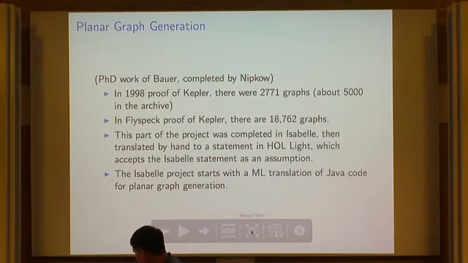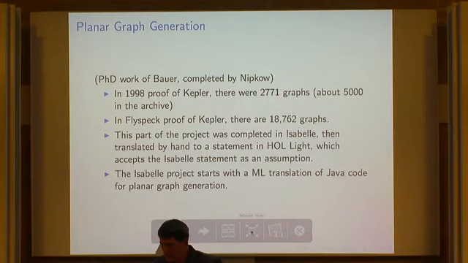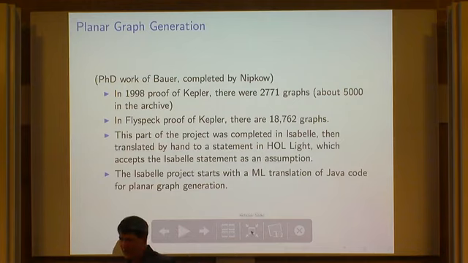So this turned out to be a mistake, because then we translate what they did into HOL Light. So by then we have a double translation, starting from Java to ML to Isabelle to HOL Light. And by that time, this algorithm for planar graph generation was almost completely unusable, or very difficult to prove anything about it. It's just treated as a black box in Isabelle, and then on the HOL Light side, you have to prove that it connects up.